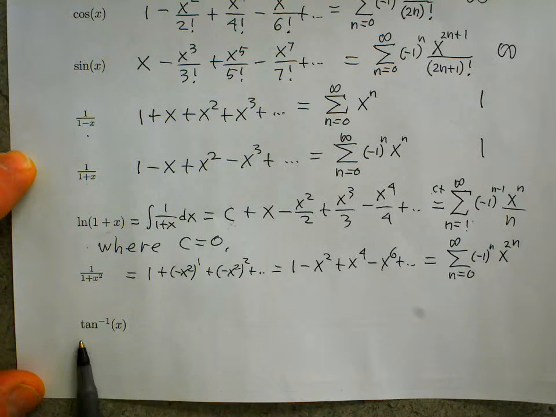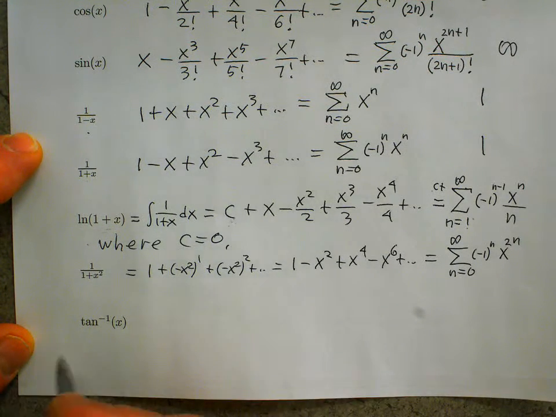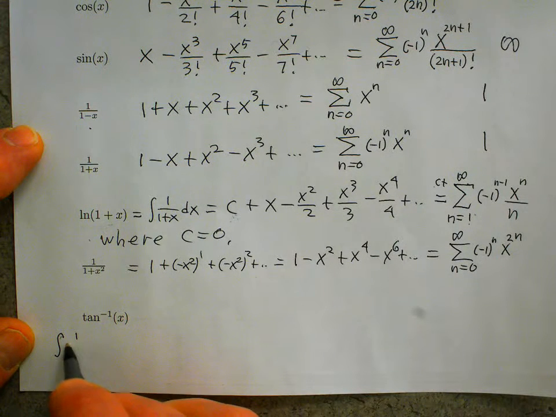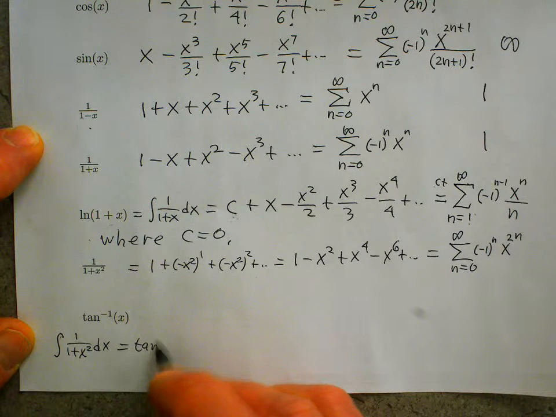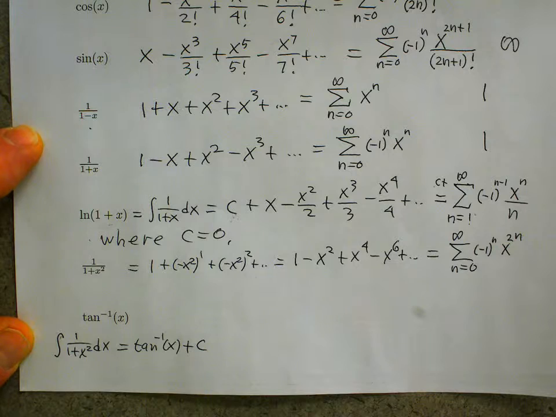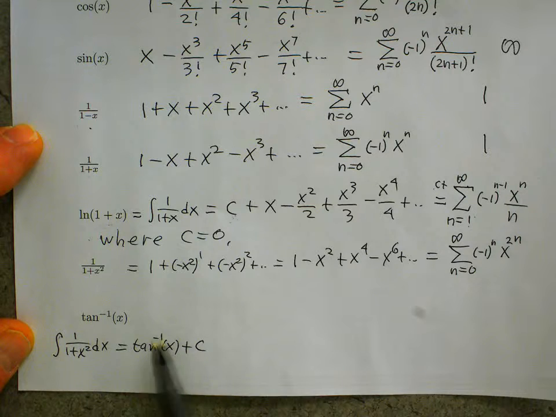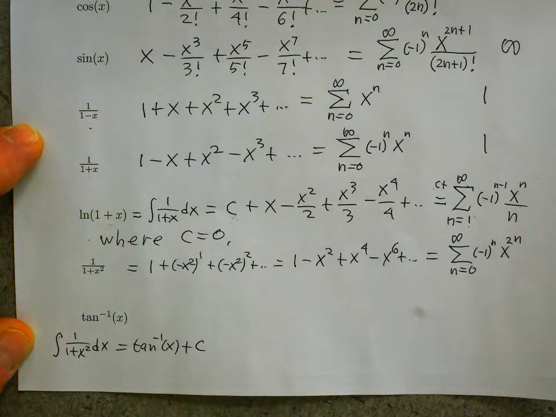The derivative of inverse tangent of x is 1 over 1 plus x squared, or thinking of it in the other direction, the indefinite integral of 1 over 1 plus x squared dx is inverse tangent of x plus a constant. So we have the series for 1 over 1 plus x squared, so we just find antiderivatives of the terms from the Maclaurin series for 1 over 1 plus x squared.